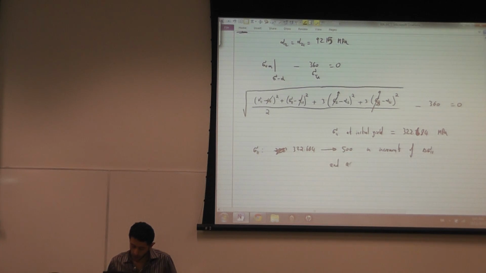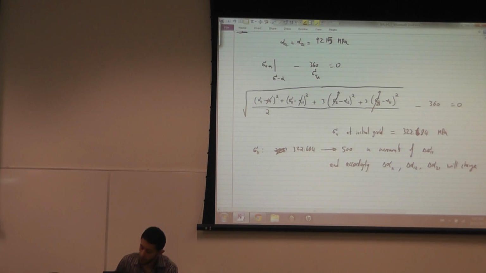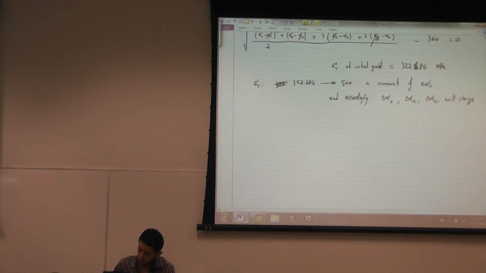And accordingly, delta alpha 1, 1, delta alpha 1, 2, and delta alpha 2, 1 will change. The other alphas will not change. The only ones that will change are delta alpha 1, 1 and delta alpha 1, 2, which is the center of the yield surface. So how will these change?